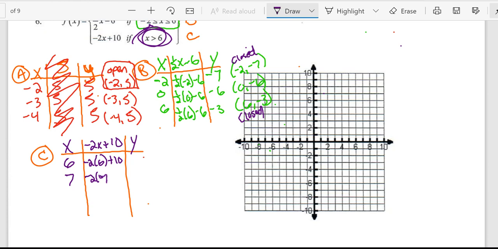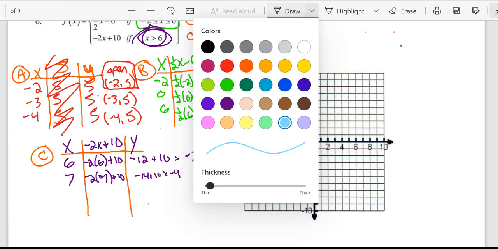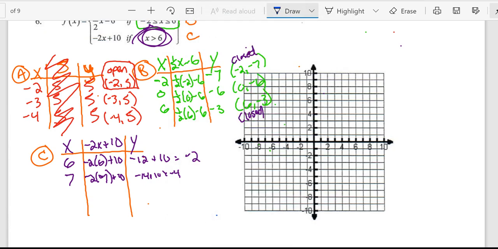Negative 2 times 7 plus 10. It's going to be negative 12 plus 10. It's negative 2. Negative 4. So the points are the following: 6, negative 2, and 7, negative 4. And the one that's going to be open is this one.